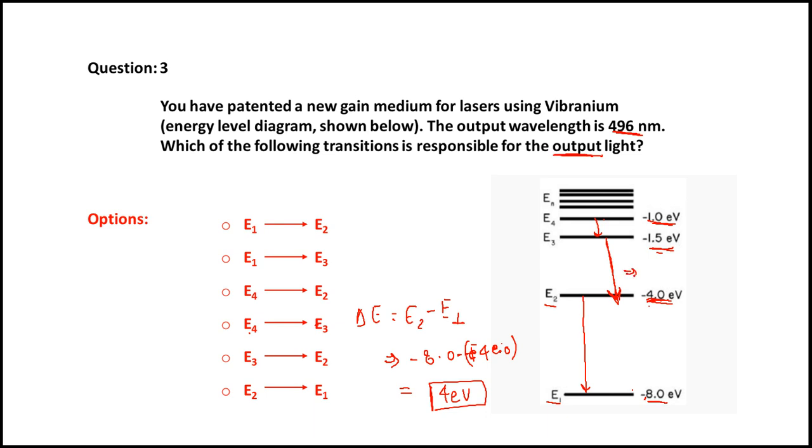The energy gap was 2.5 electron volt, and when you convert it to joules, it exactly matches 4 into 10 to the power minus 19 joule, which is also equal to the energy of the emitted beam. So for question number 3, this is the right answer. If you have any doubt in this question, feel free to ask.